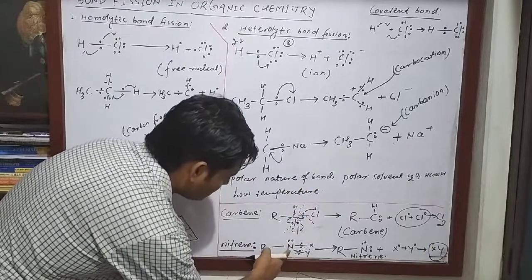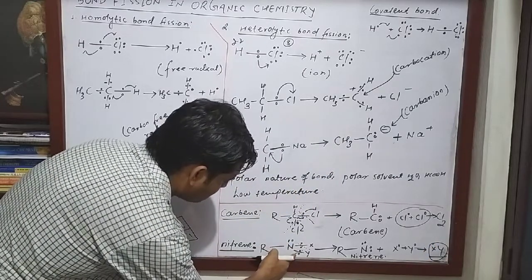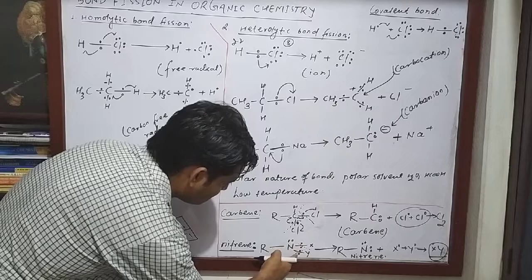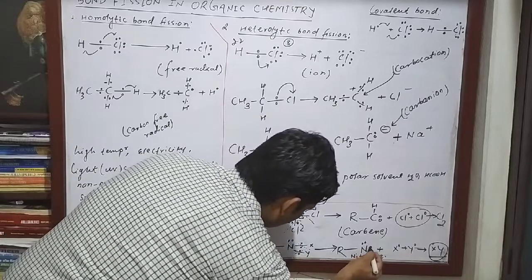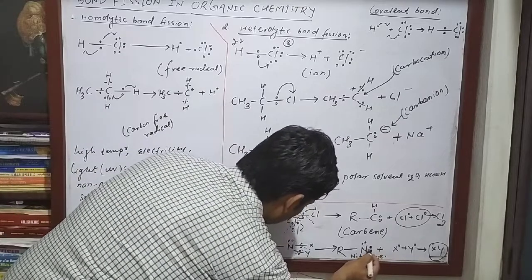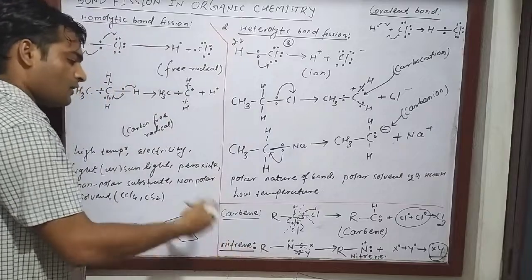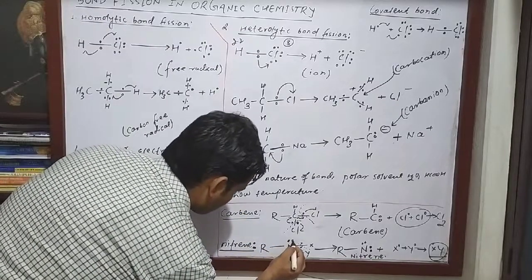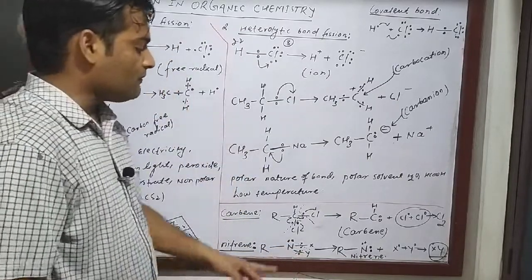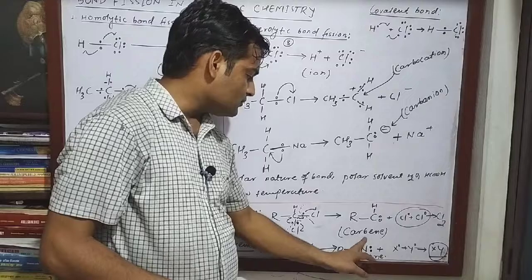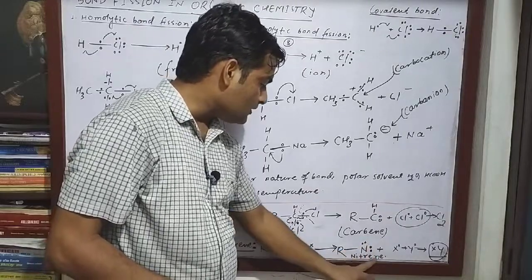In the dissociation of 2 covalent bonds by homolytic bond fission, nitrogen gains 1 pair of electrons, and already nitrogen contains 1 lone pair, meaning a monovalent nitrogen atom having 2 lone pairs in its valence shell is called a nitrene.